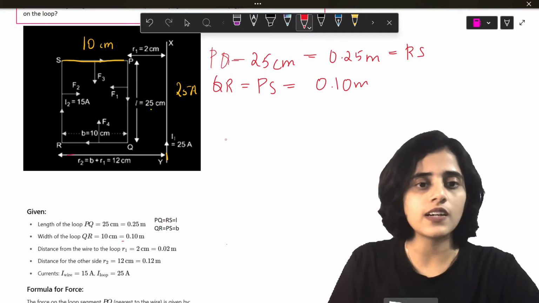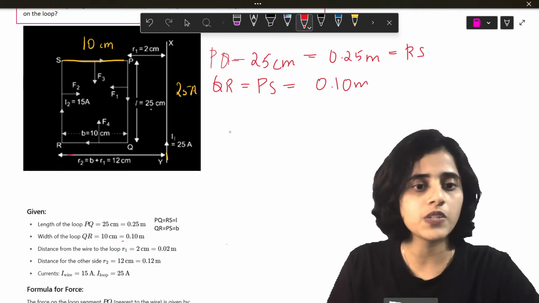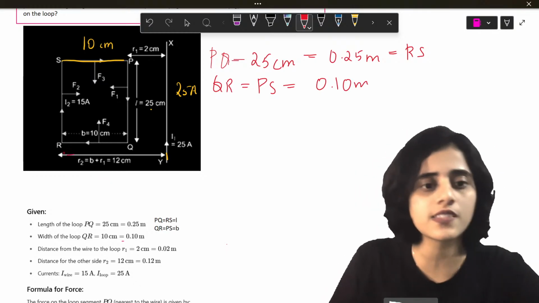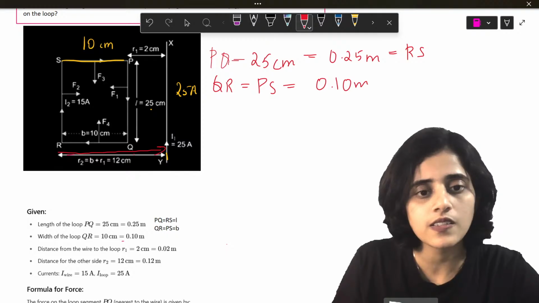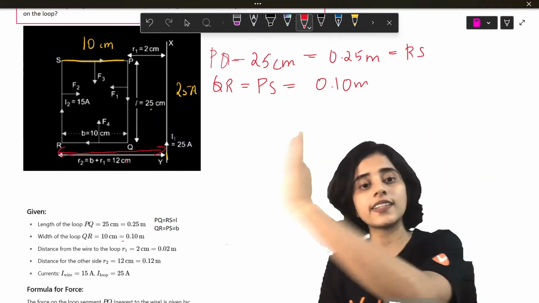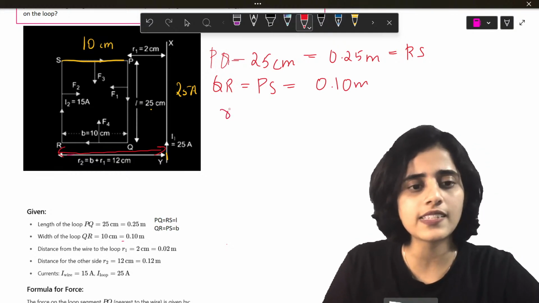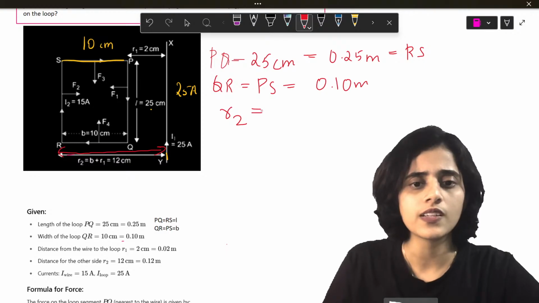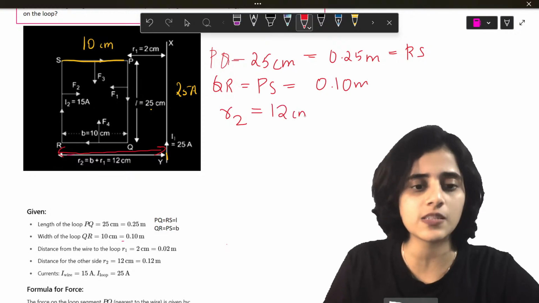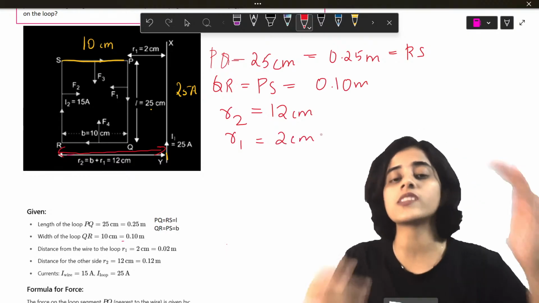Now, the distance between the other end of the loop and the conductor, I will take it as R2, equal to 12 centimeters, and R1 is 2 centimeters. What are R1 and R2?